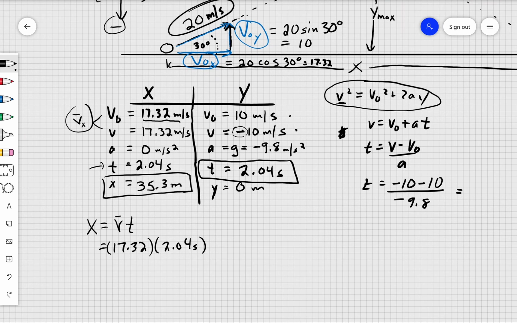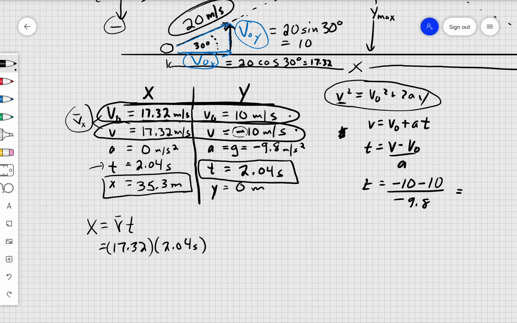Look at the V naught, the X and Y components of that initial velocity are 17.32 and 10. Well, look at V final. Those components are the same. One's coming down, the negative's not used in the trig. So if the components are the same, of course the vectors are the same.